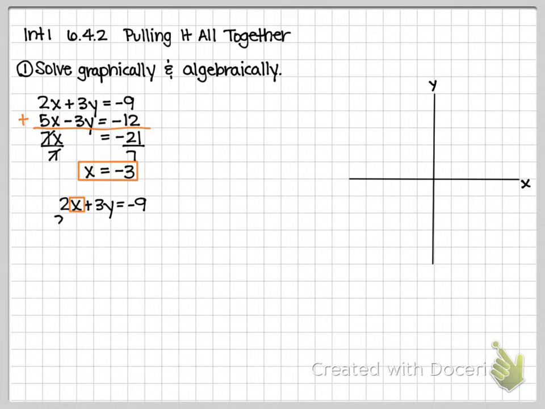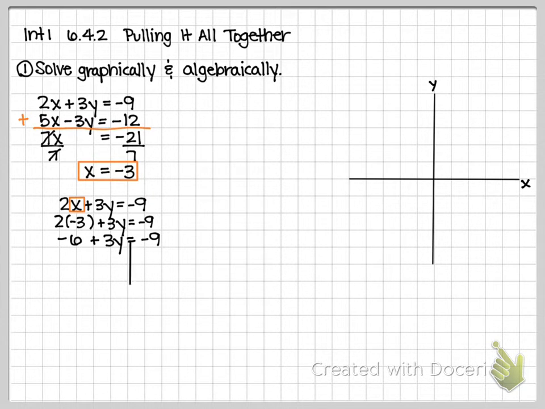So it's going to give me 2, in parentheses, plus 3y equals negative 9. Now I know x is negative 3, so I'll go ahead and plug that in. All right, let's multiply this out. So that gives me a negative 6 plus 3y is equal to negative 9.